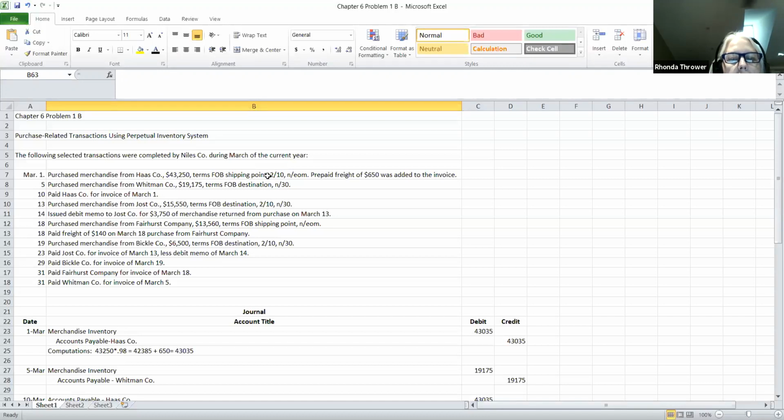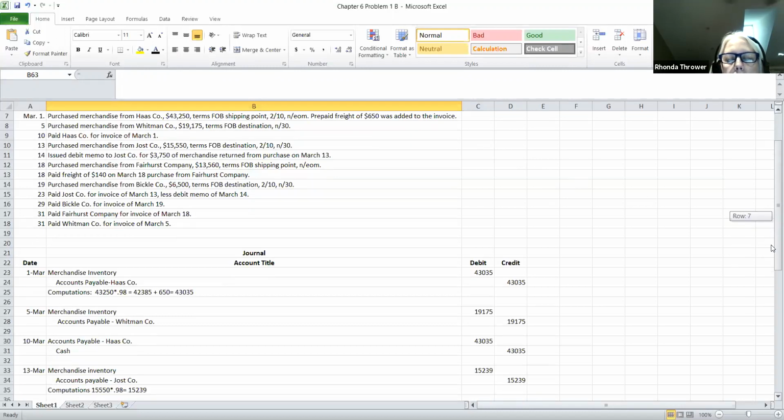So we took the discount and we had to pay back the freight because it was prepaid for us by the seller. So what we're doing is we're reducing their accounts payable in the March 1st transaction by debiting it, and we're crediting cash for the total amount that we owed, which was $43,035.